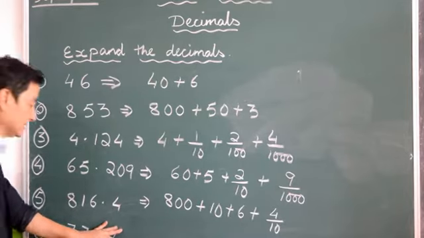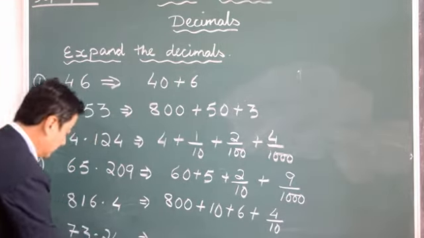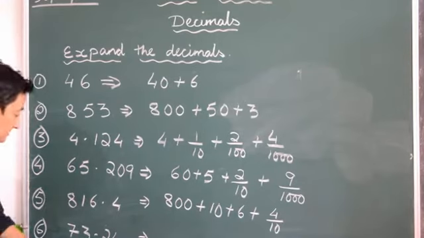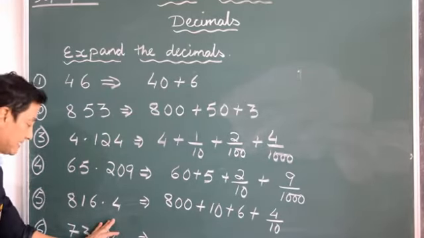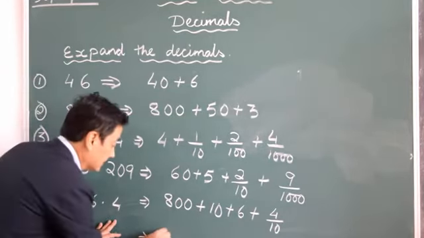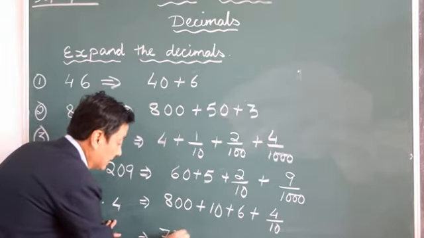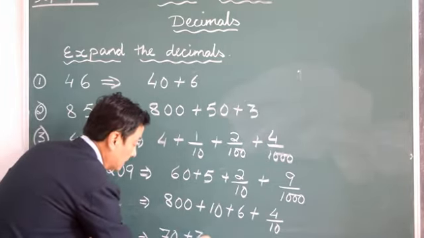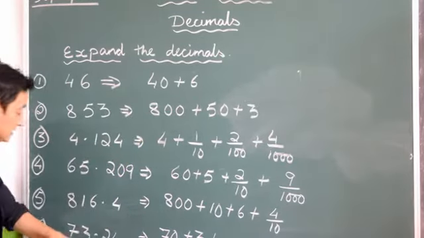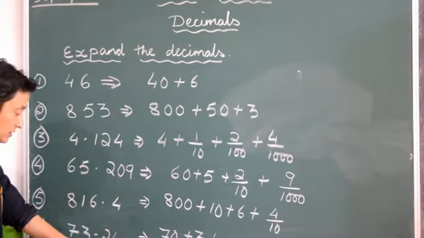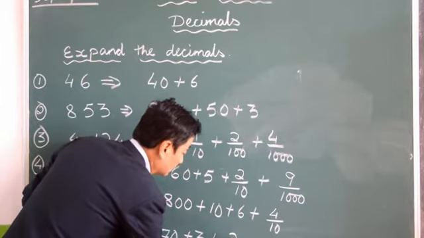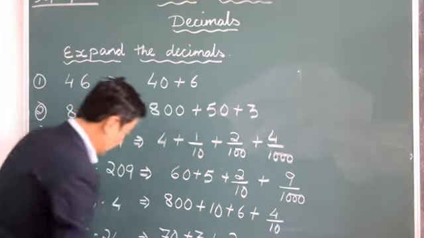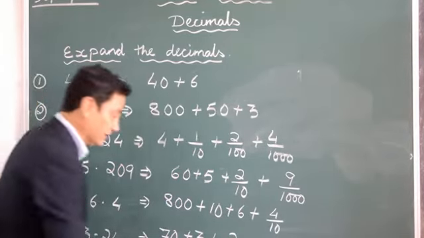73. So expand 73. It's like going back to class 2 or 3, no? So simple numbers in expanding. 70 plus 3 plus. Now we move on to the decimal. 2. Very good. Tenths. 2 tenths. 4. Very good.